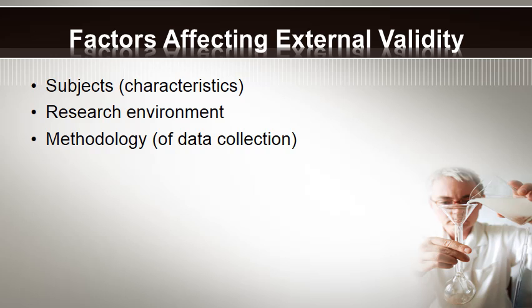One of probably the best examples that I can think of off the top of my head to look at some of these factors affecting external validity would be the example of Masters and Johnson's famous research project over female sexuality. First of all, I think it could be argued that not just everybody would have volunteered to participate or be a subject in that research.